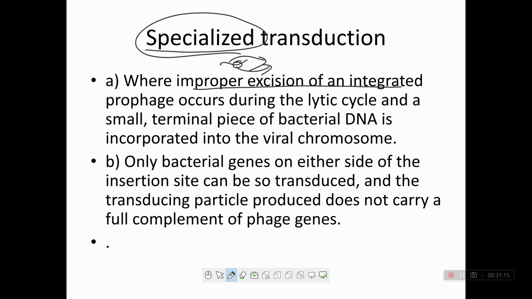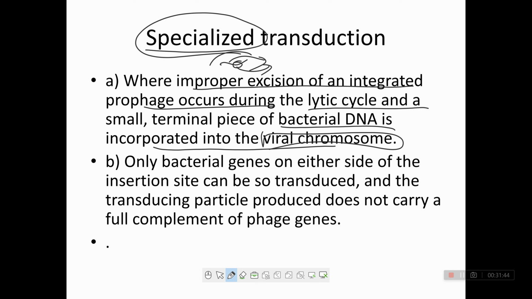What happens here? Improper excision of an integrated prophage occurs during the lytic cycle, and a small terminal piece of bacterial DNA is incorporated into a viral chromosome. Only bacterial genes on either side of the inserted site can be transduced, and the transducing particle produced does not carry a full complement of the phage genes.